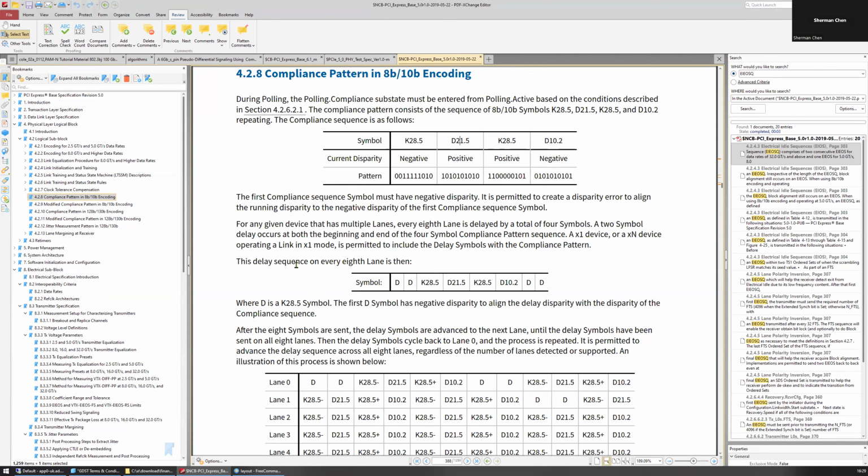The other sequence is called the delay sequence, which is based on this compliance sequence appended or prefixed to D symbols. And this delay symbol is actually the K28.5 symbol.